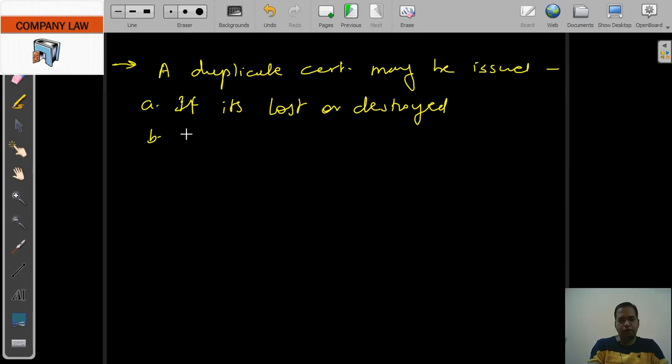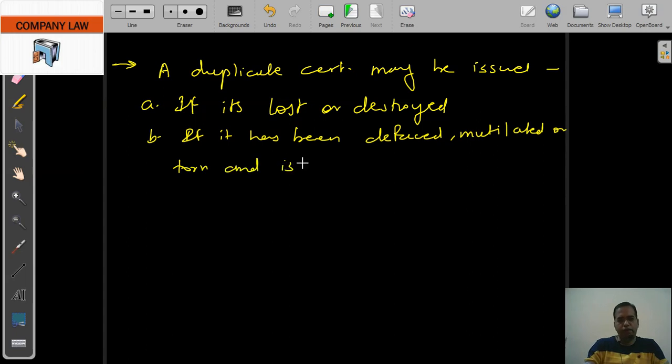Second, if it has been defaced, mutilated, or torn and is surrendered to the company.